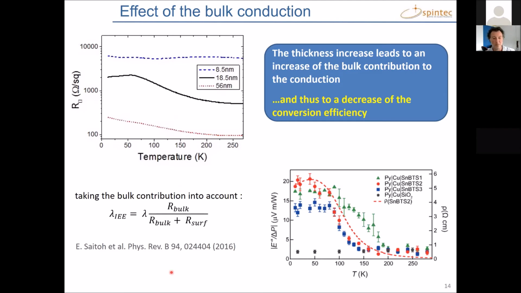And this bulk contribution is known. This is the work from the group of Eiji Saitoh, that it induces an extra relaxation channel. So part of the spin density that you inject in those 2D surface states is being absorbed by the bulk and not converted. So you have to, in fact, renormalize your Edelstein length by taking into account this bulk to surface contribution.